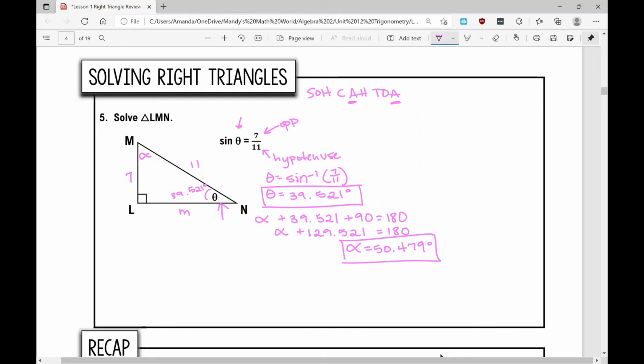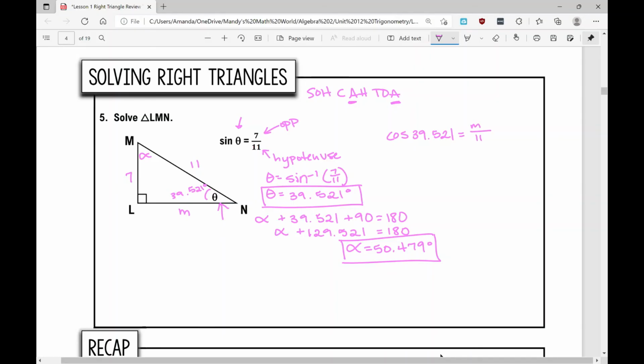Sine wouldn't, so I'm not going to use that trig ratio. So I know that the cosine of 39.521, because I know the degree measure, is equal to the ratio of the adjacent side, which is m, over the hypotenuse, which is 11.